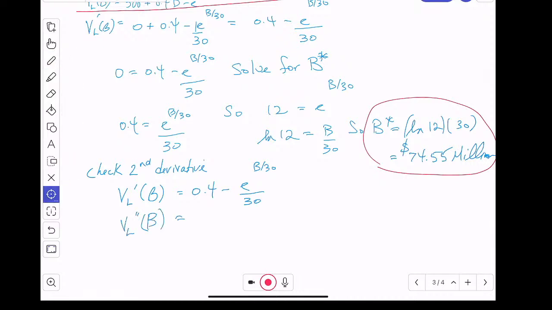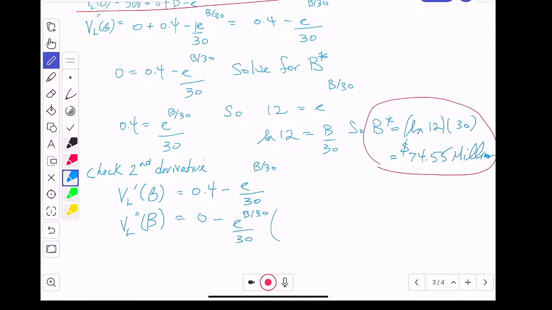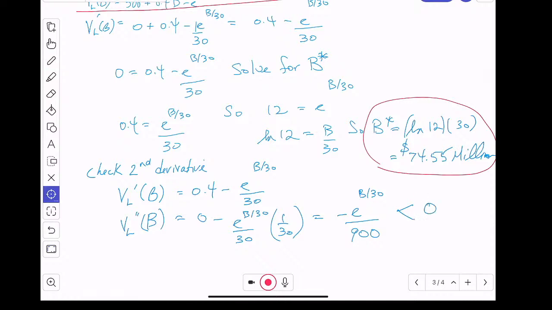Now this part is just a constant, so that's 0. And then this part is itself, but then I have to multiply this by the derivative of the exponent according to the chain rule. So this becomes negative, and this is always negative because the exponential function is always positive, with a negative in front. So happily, this is a maximum.